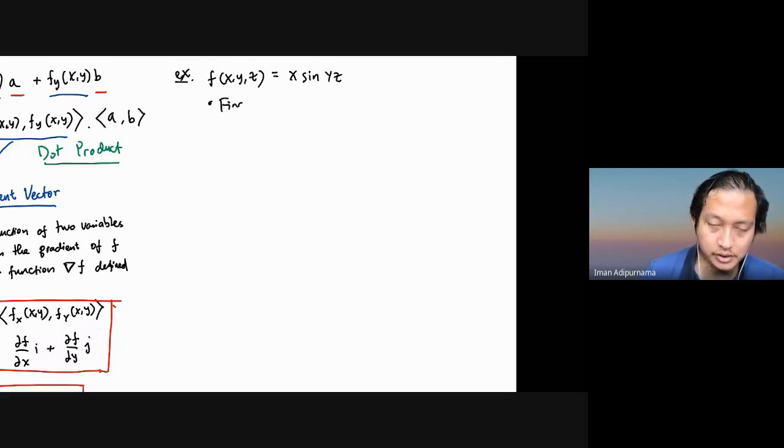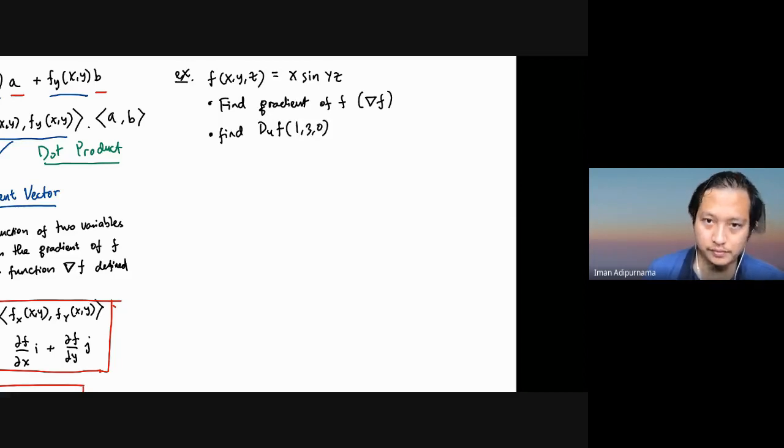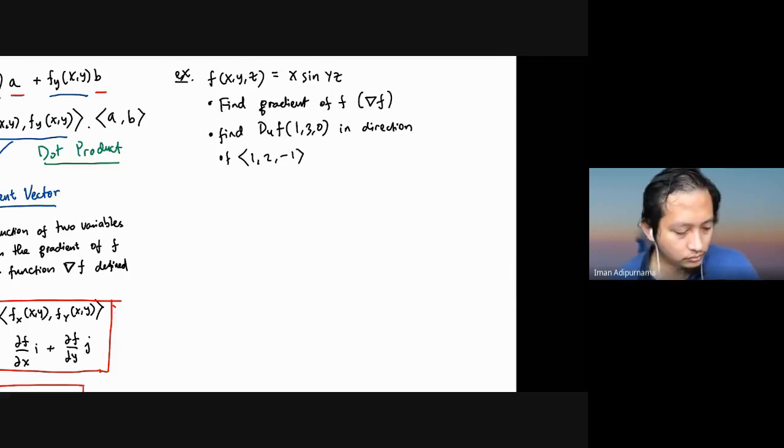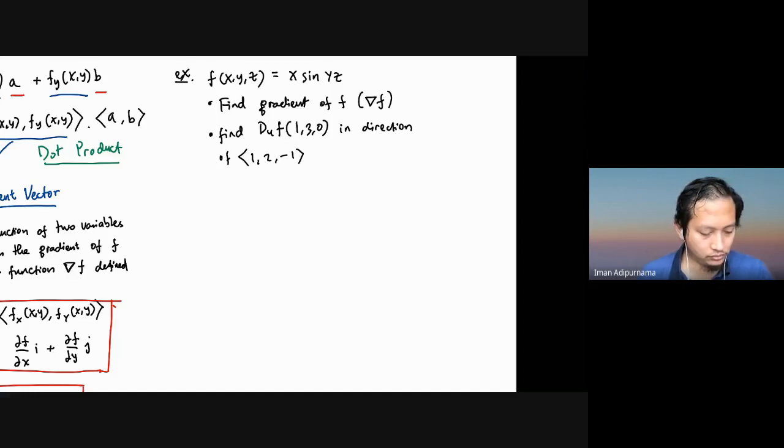The question is to find the gradient of f, and find the directional derivative at this point in the direction of a given vector. So basically we need to find the gradient vector.